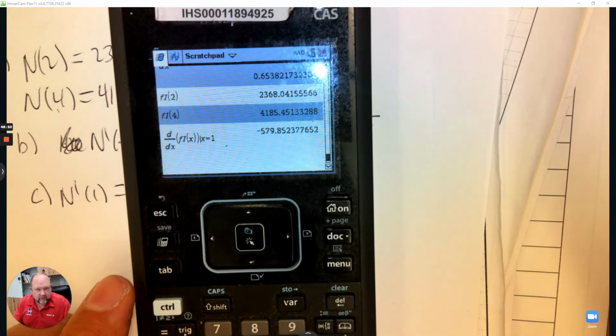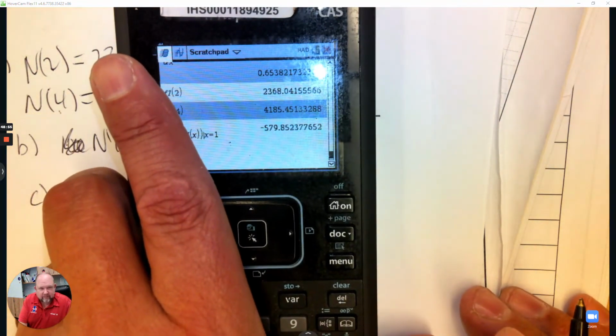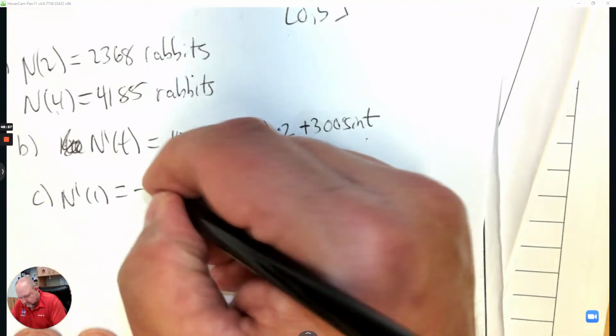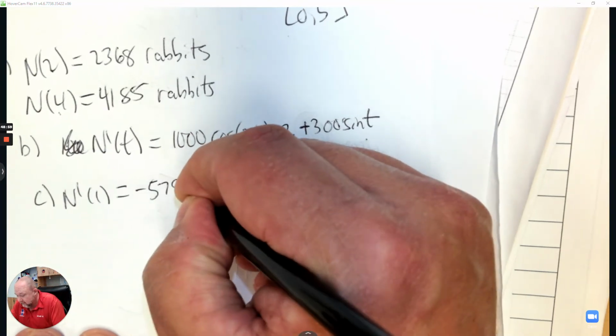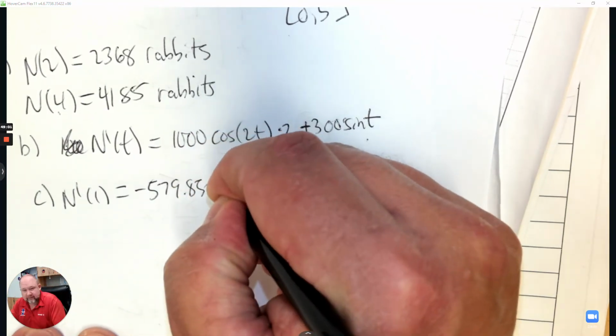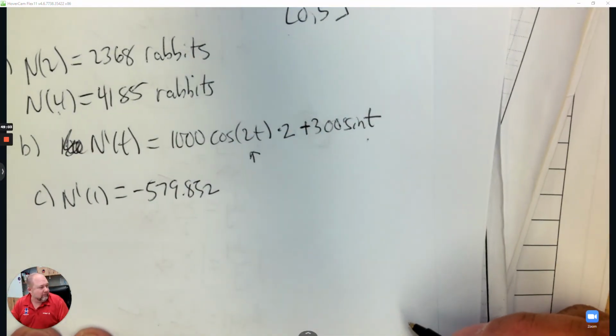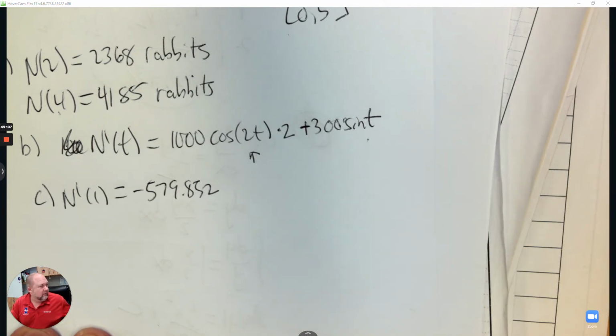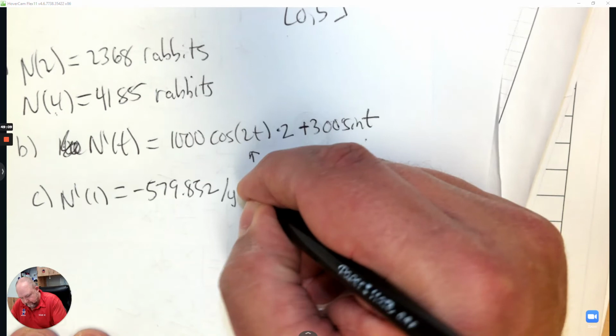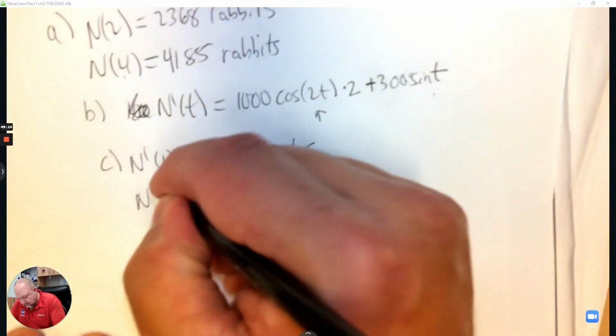Control enter, and there you go, negative 579.852. Because it's a rate, you can write it with decimals at the end. And that's rabbits per year. So it's decreasing the first year.